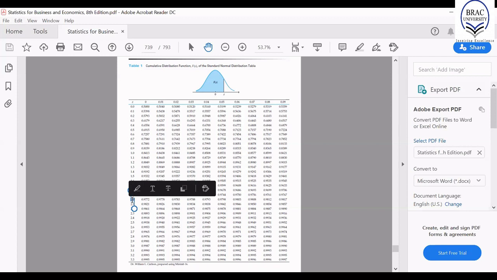Here you go, right? You have 2 over here. Now, 2.0, do we have any number after that? It's 2.00, right? We don't have a 2.01 or a 2.02, etc. So hence 2.0, the digit after that is also 0.